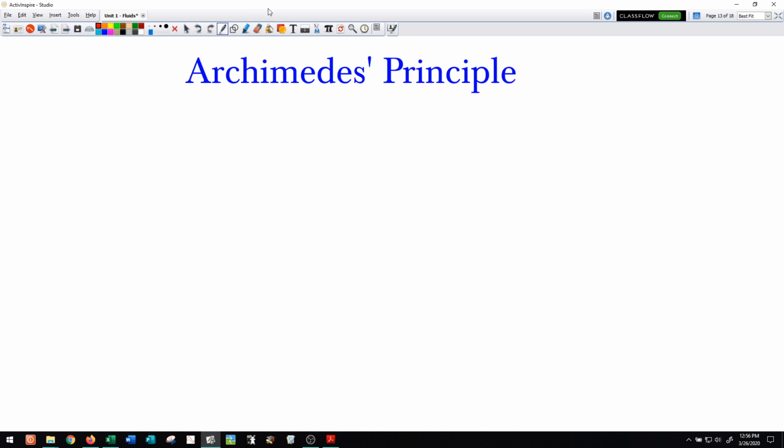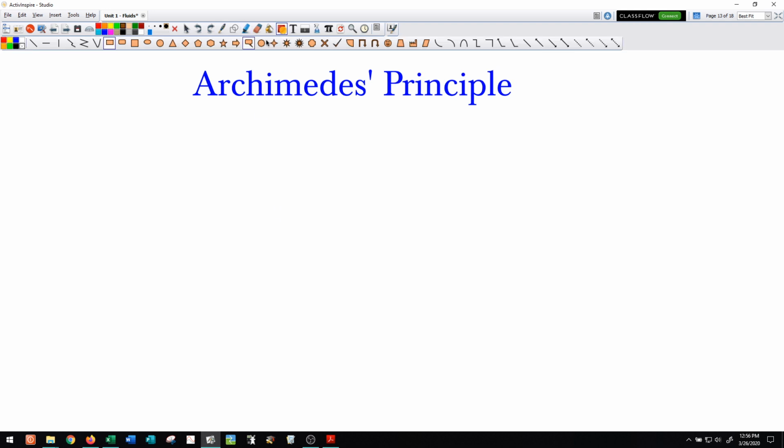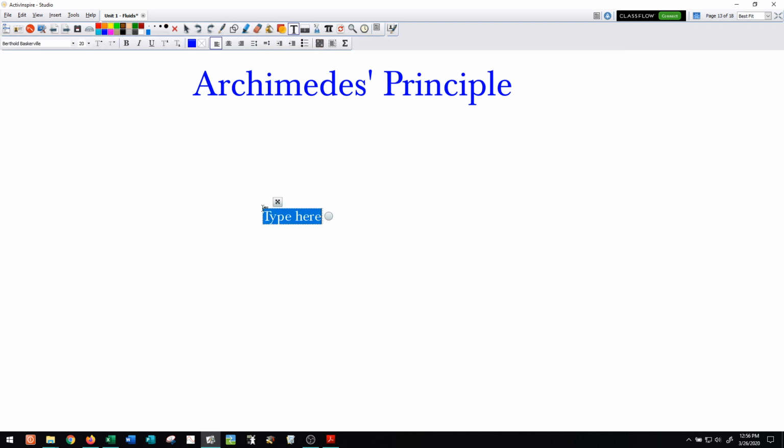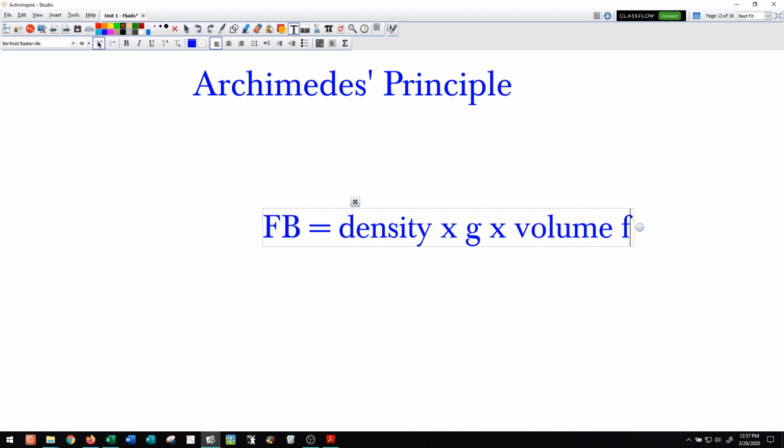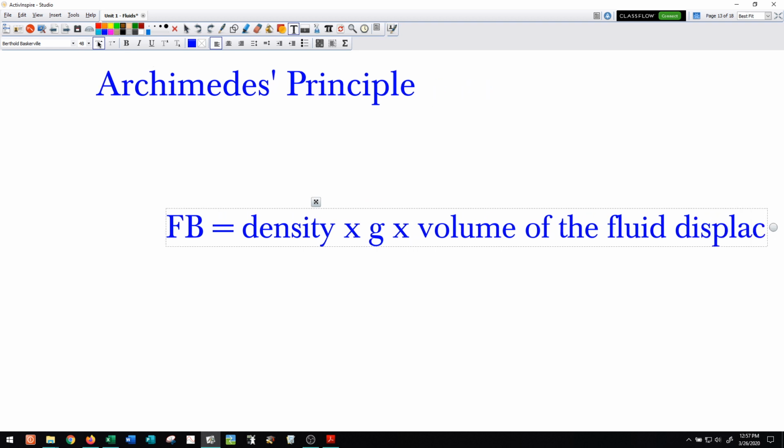And so what we say is that the buoyant force is always going to be a real simple relationship that says it's equal to the density of the fluid times g times the volume of the fluid displaced.